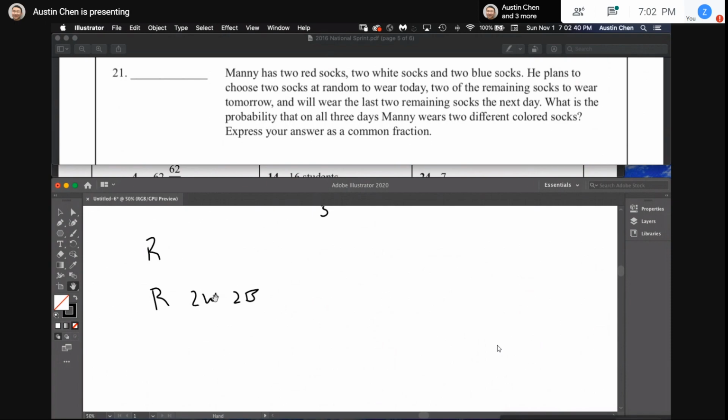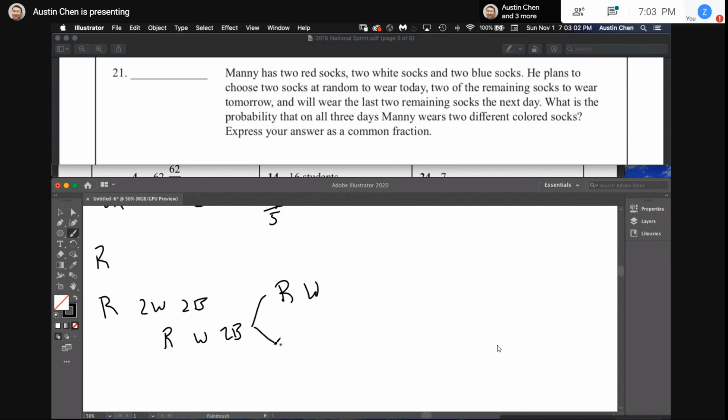So again, without loss of generality, we can assume that he chose white, okay? And then we'll have red, white, and 2 blue for the second day. And then we can look at cases here. So he can either select what? He can select red, white, or red, blue, or white, blue.